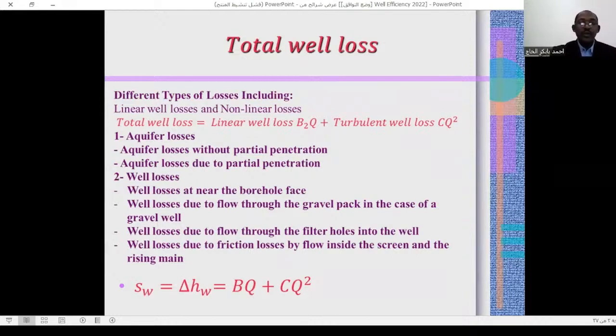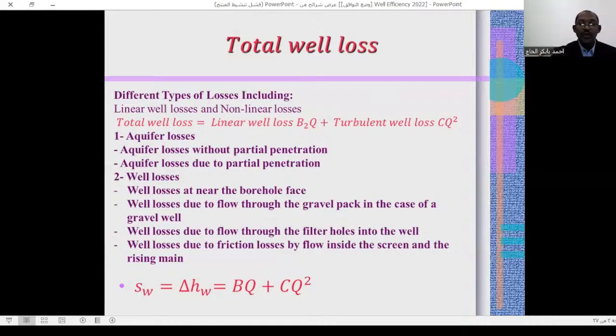Aquifer losses, including aquifer losses without partial penetration, and the aquifer losses due to partial penetration. And the other factor is called well loss. Well loss near the borehole, and well loss due to flow through the gravel pack in the case of the gravel well.